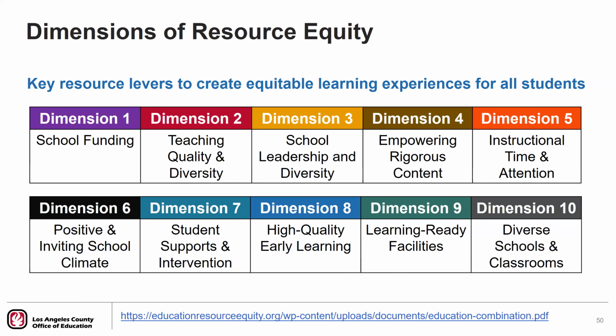The 10 dimensions of resource equity include school funding, teacher quality and diversity, school leadership and diversity, empowering rigorous content, instructional time and attention, positive and welcoming school climate, student support and interventions, high quality early learning, learning ready facilities, and diverse classrooms, schools and classrooms.